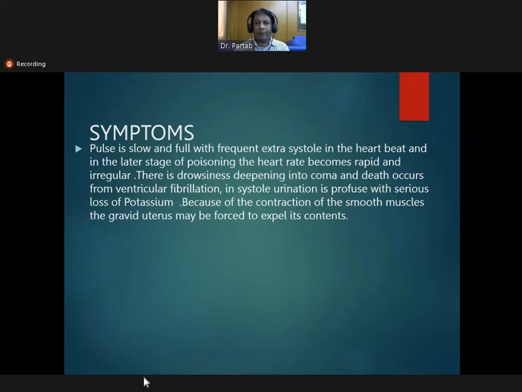Also, the gravid uterus contains smooth muscles, so the pregnant uterus may be forced to expel its contents, like the fetus and other materials, very rapidly when these toxic drugs act on the cardiac as well as the smooth muscles.